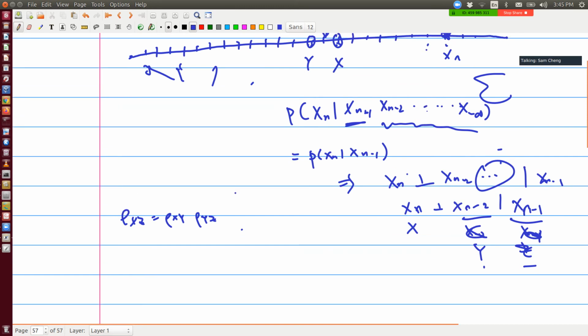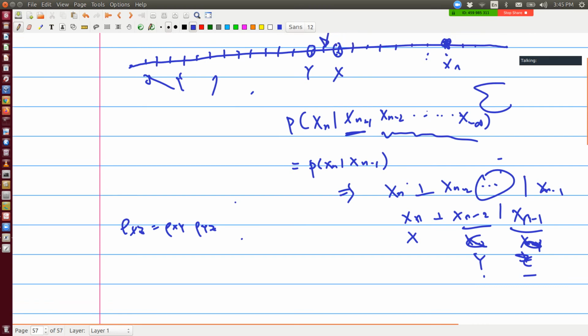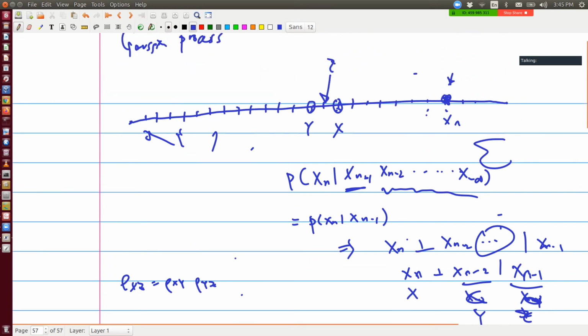So what is rho_xz here? Let's say I call this x, this z, this y. Well, rho_xz is just the correlation coefficient between these two. So it's only two data points, no need for a lot of data.